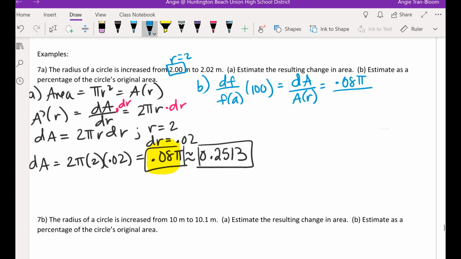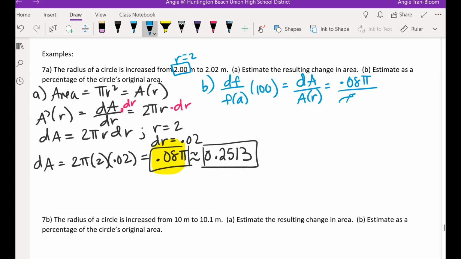A of r, which is really what am I doing? Why is it moving like that? A of 2, maybe I'm just hitting something wrong. Okay. A of 2, which is 0.08 pi divided by, if I plug in 2 squared, because pi r squared is my formula, times pi.